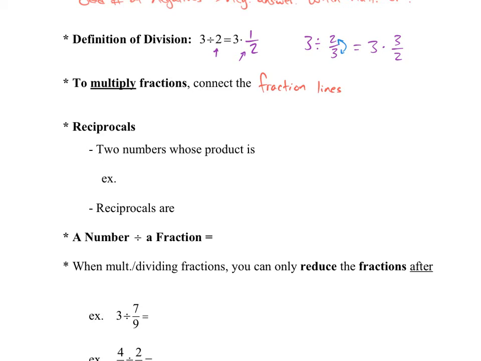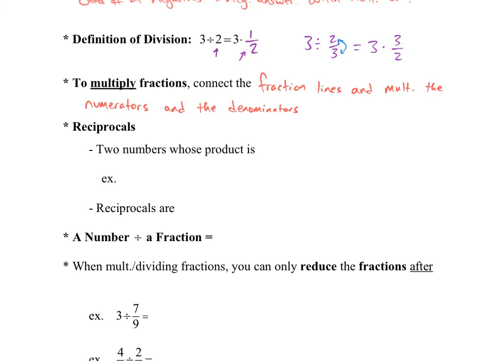But connect the fraction lines and multiply the numerators. So multiply the two top numbers together and the denominators. So you multiply the two denominators together. And we'll see some of that coming up soon.